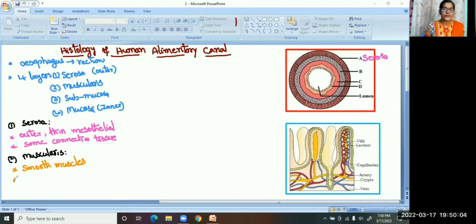These smooth muscles are arranged in an outer longitudinal layer and an inner circular layer.